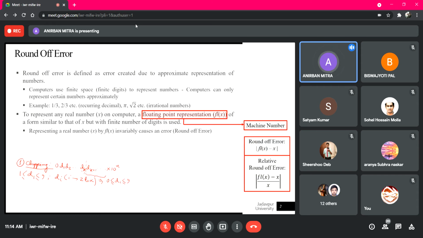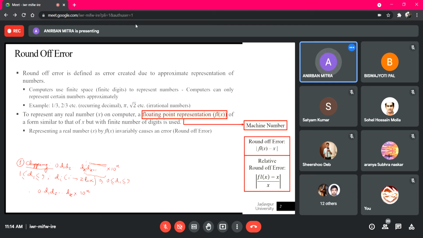Anyway, in the case of chopping, we discard these numbers after the decimal point, after a certain number of digits, and we obtain this as the approximate representation.